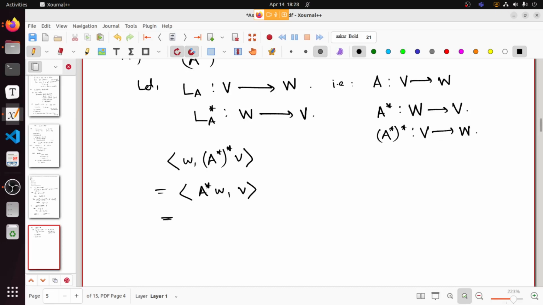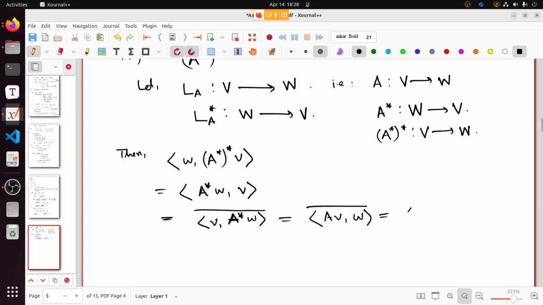So this we can write the transpose of V A transpose W and the conjugate transpose, right? So then, and this again use the definition of adjoint. So this will basically be A V W and the conjugate transpose.